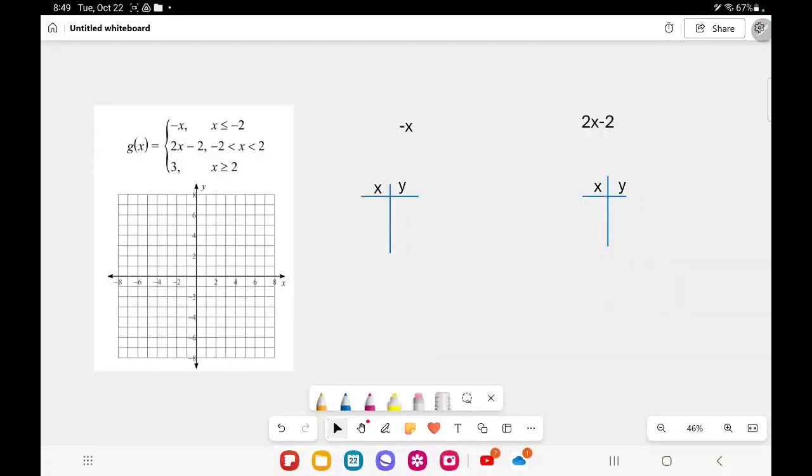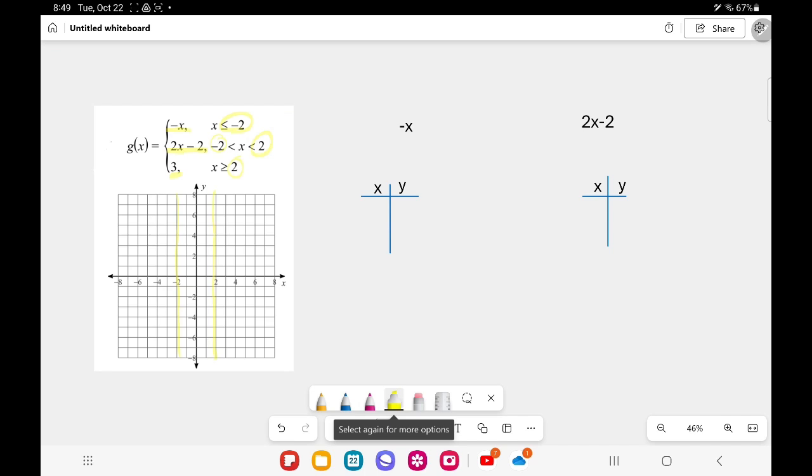We have another piece function, g of x, and now I have 1, 2, and 3 rules. And I have restrictions at negative 2 and restrictions at positive 2. This means there is going to be a change where x is negative 2, that something is going to happen when x is 2.